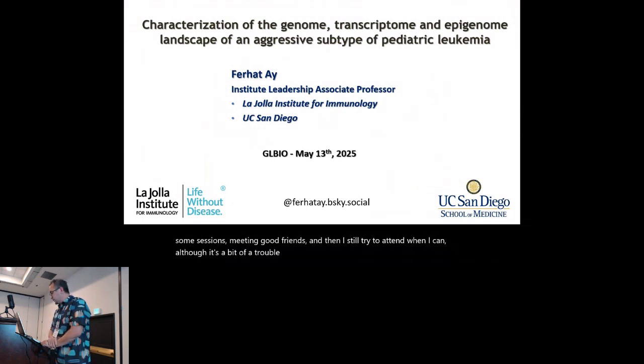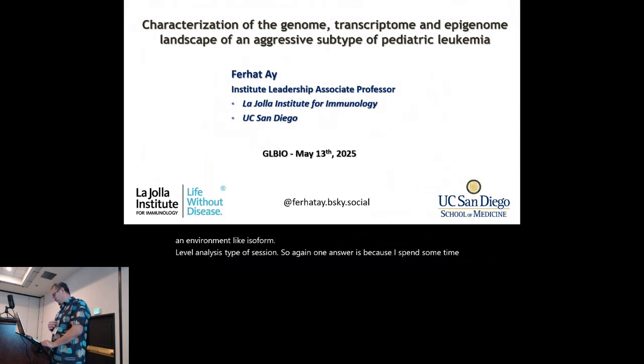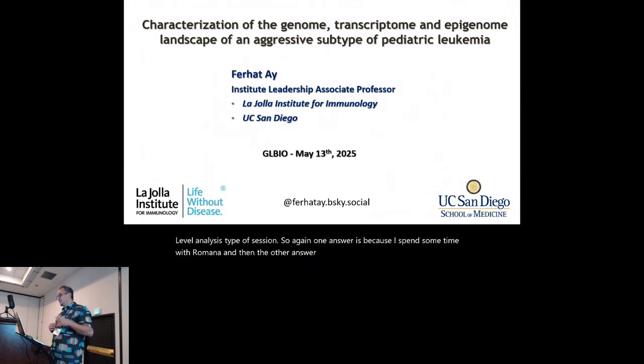The other question, if you have heard about what our lab is doing generally, which is 3D genome organization, is why am I in an isoform level analysis type of session? One answer is because I spent some time with Ramana, and the other answer is the data has taken us towards that path.